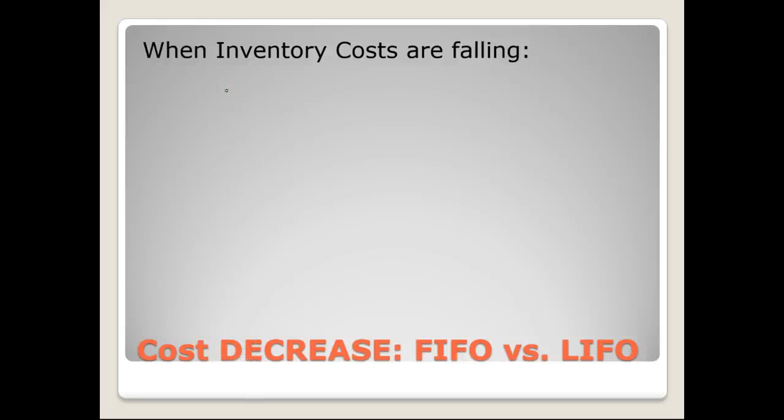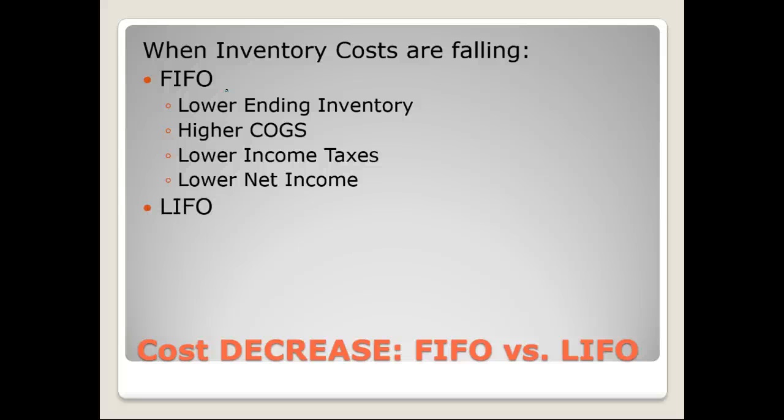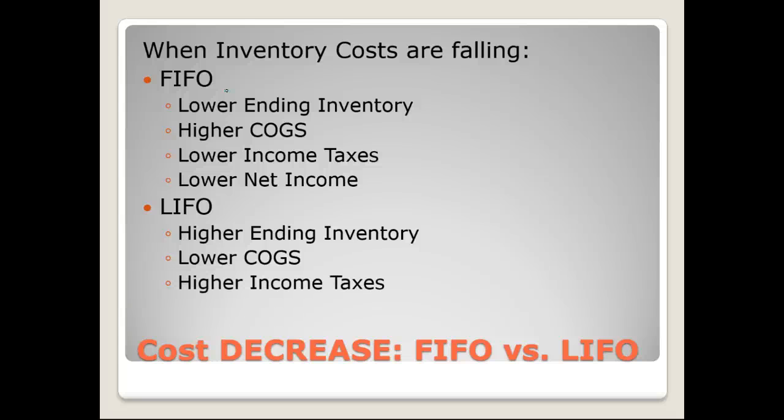Now, it's exactly the opposite when the cost of inventory is falling. FIFO gives us a lower ending inventory dollar amount, a higher COGS expense, lower income taxes and lower net income. LIFO does the opposite, meaning it gives us more value in our ending inventory because remember, in LIFO, we use the most recent inventory groupings.